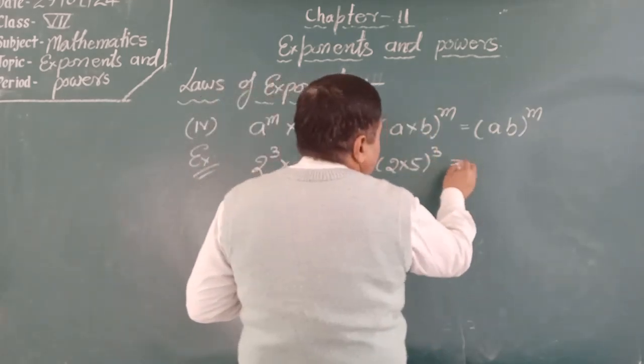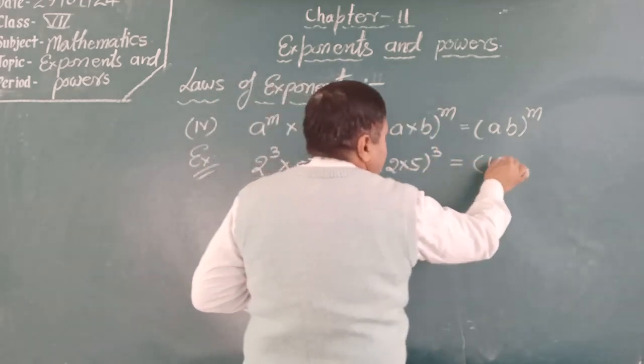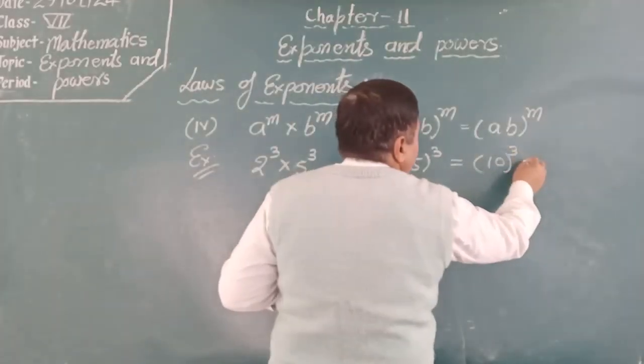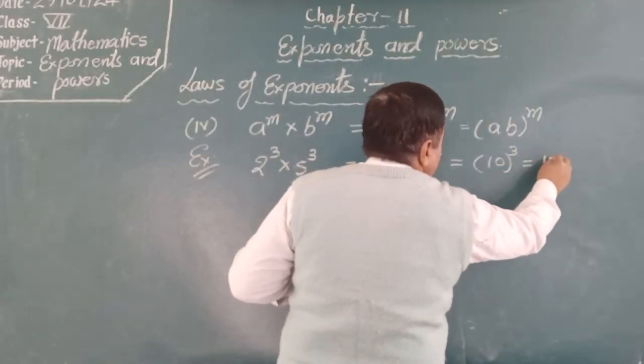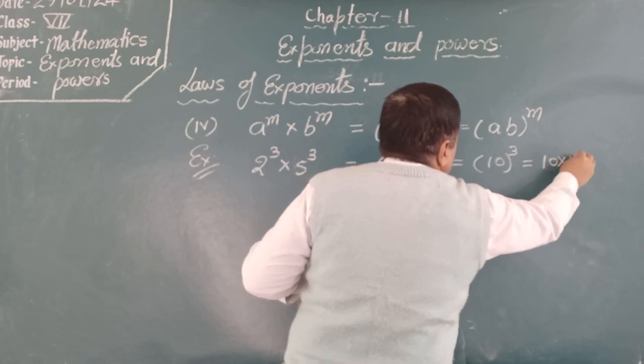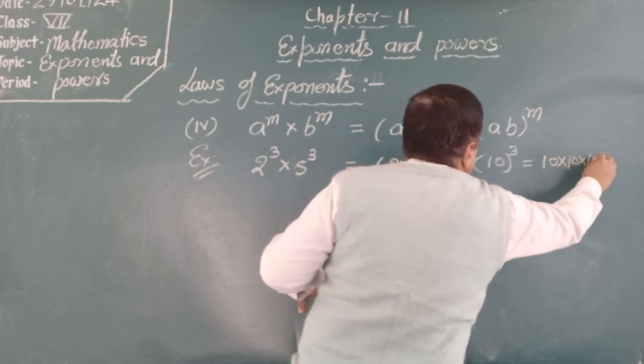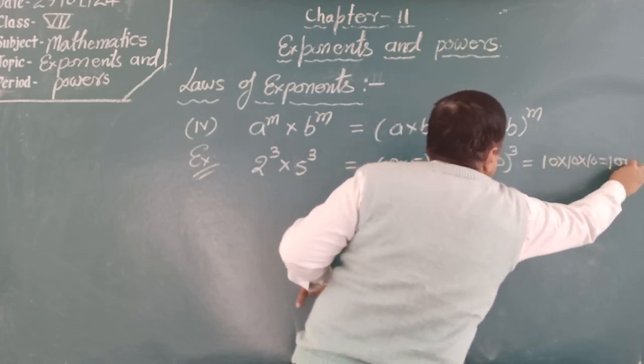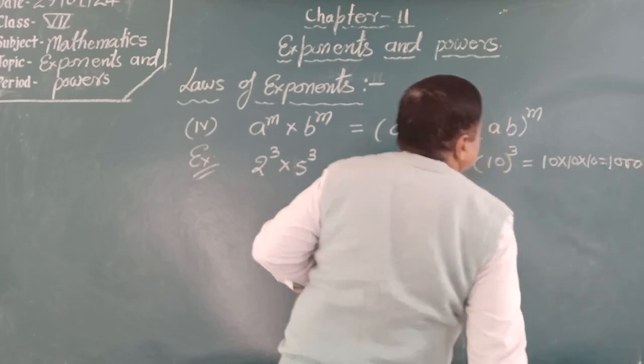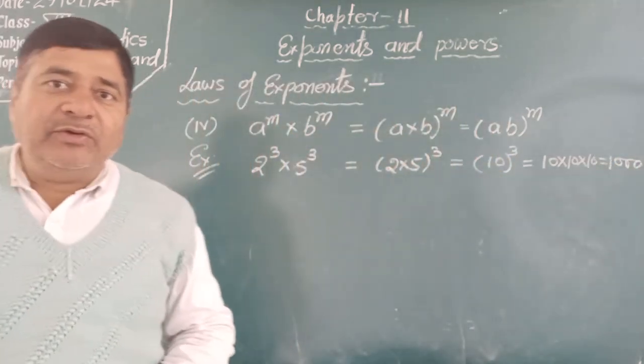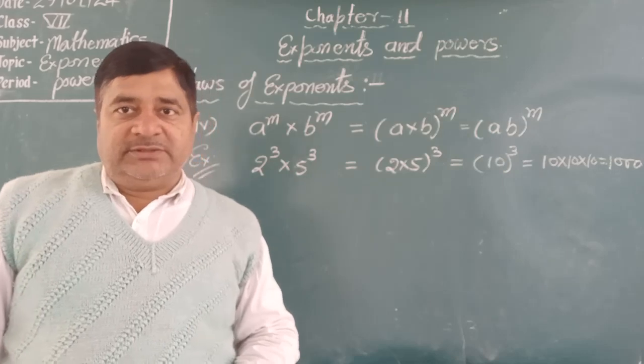Now 2 into 5 becomes 10 to the power 3. That means 10 into 10 into 10, and its value is 1000.